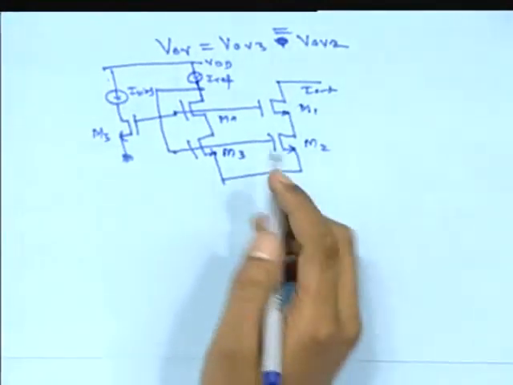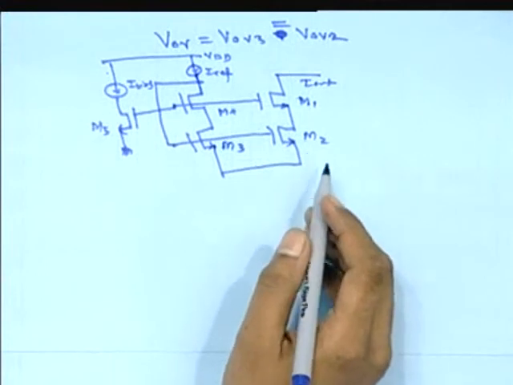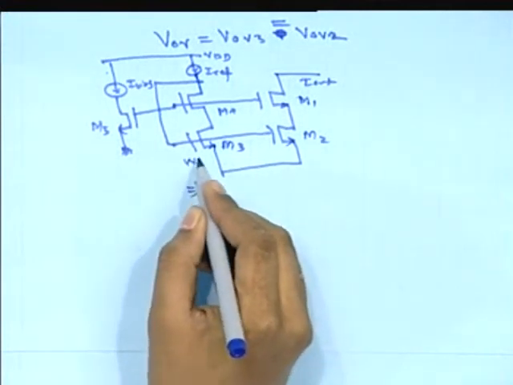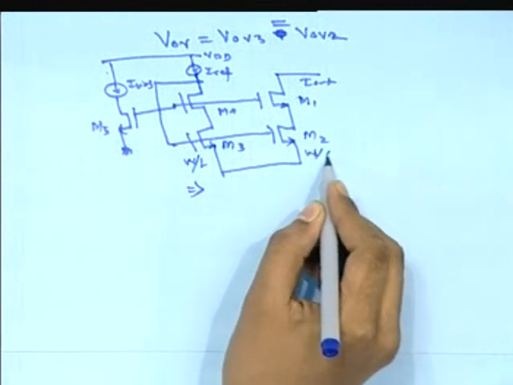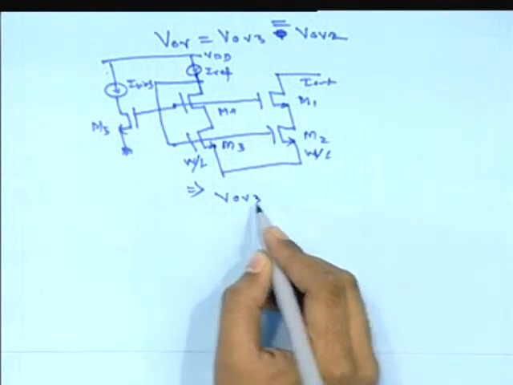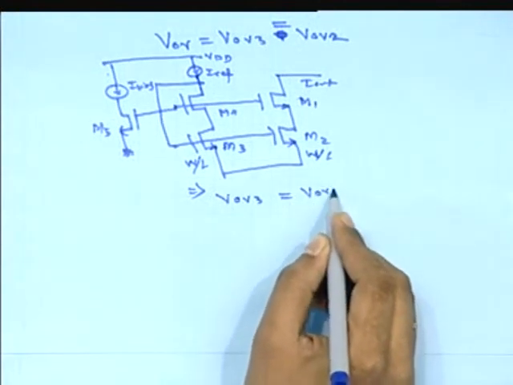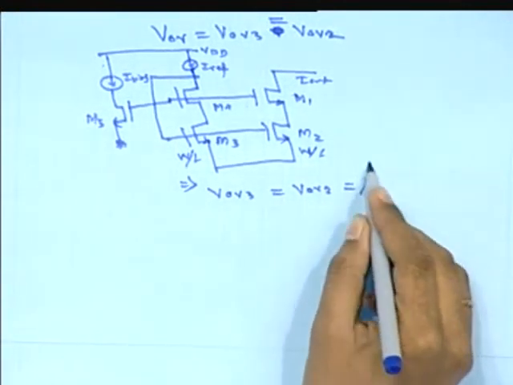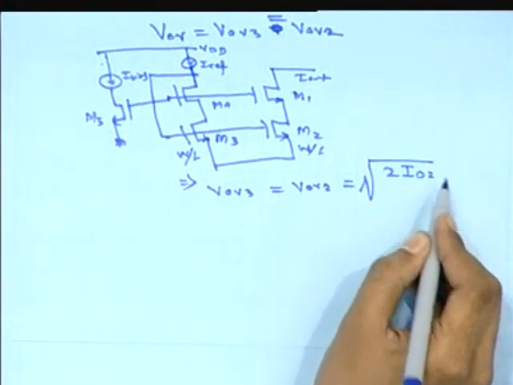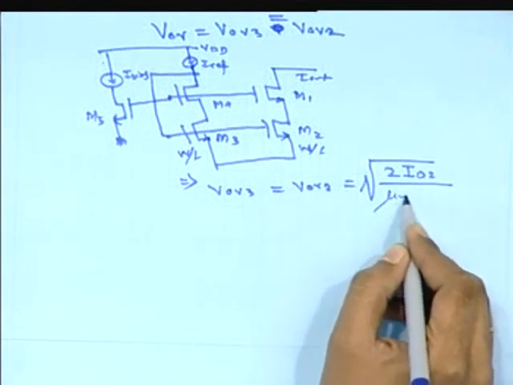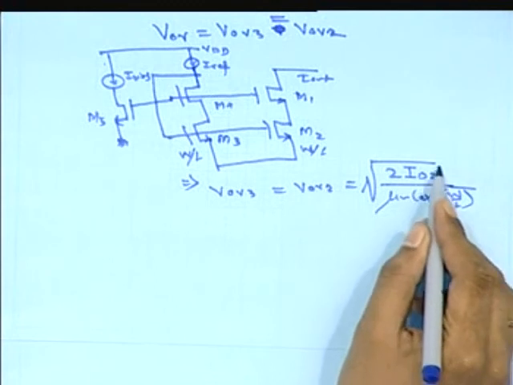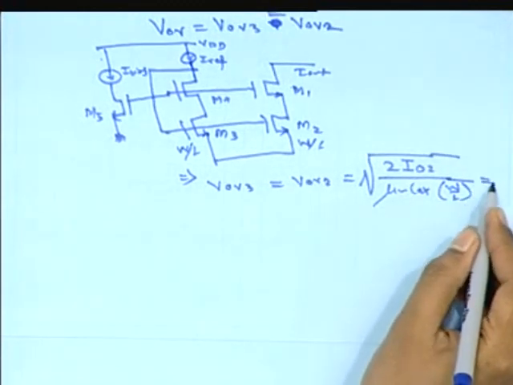So if these two transistors M3 and M2 are in the saturation region, with this W by L ratio for this transistor, then we can define VOV3 equal to VOV2, which is the square root of 2 ID, that is ID2 or ID3, over mu n C ox times W by L, which may be equal to VOV.